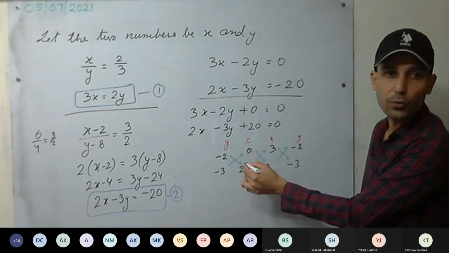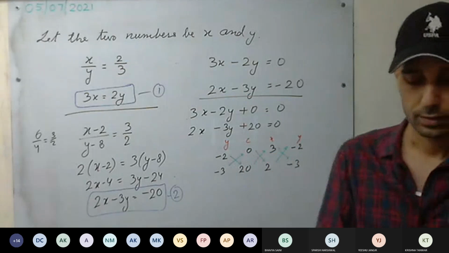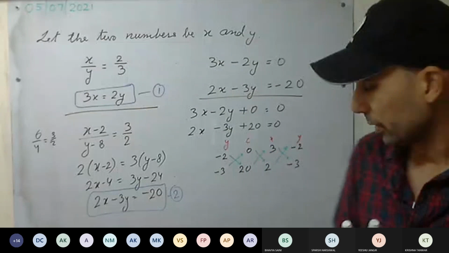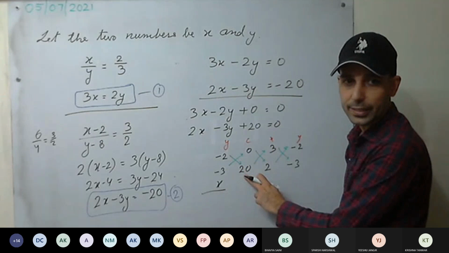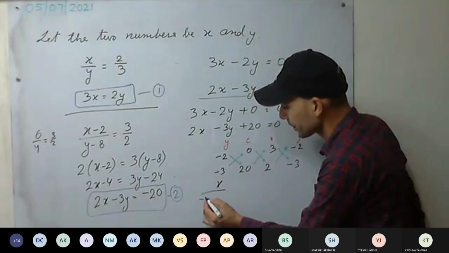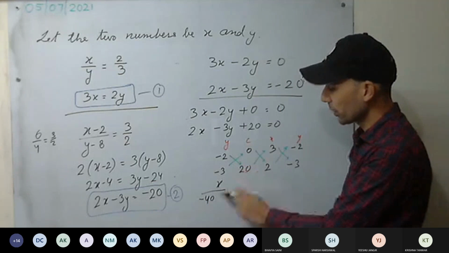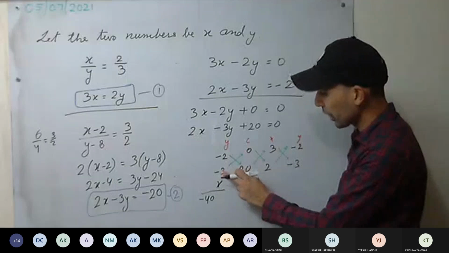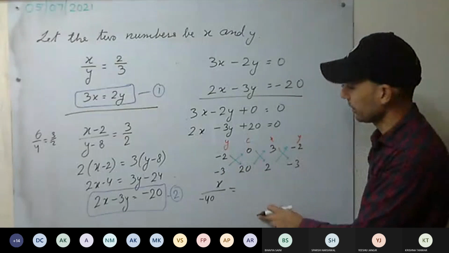First it was for x, y, and for the constant. So x upon minus 2 into 20, how much is it? Minus 40. Minus 3 into 0 is 0. So x upon minus 40.